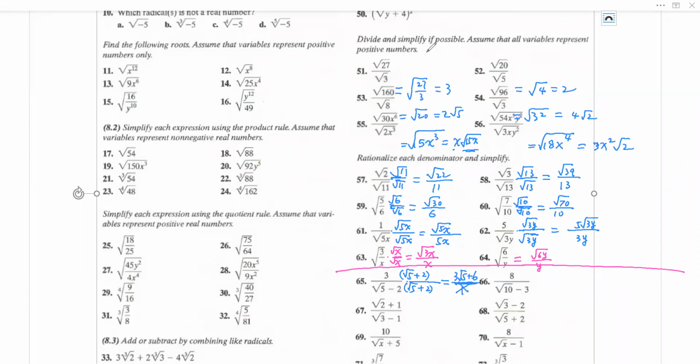So let's see the second one, number 66. What would the conjugate be? I need to ask one person to get my answers. Vivian, can you give me the conjugate of number 66?